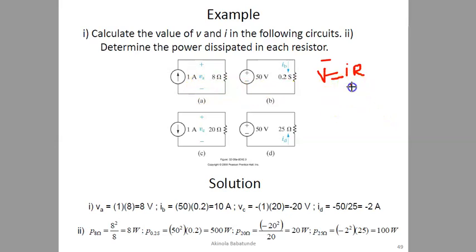Our current here is 1 and our resistance here is 8. So if you multiply this, what you're going to have is 8 volts. So our VA will be equal to 8 volts, which is exactly what we have here.